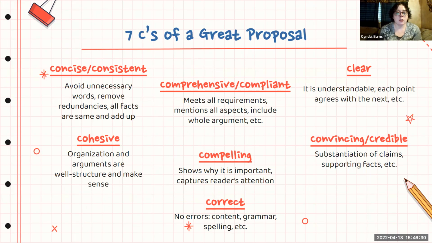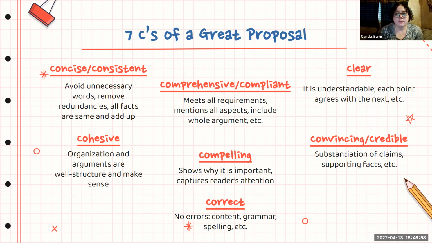You want to avoid unnecessary words and redundancies, just like all other types of writing, but it's particularly important with a proposal because you have so few words to get your information out there. Then make sure, as we've said, that you meet all the requirements and mention everything they want you to include, your whole argument, so audiences understand what it is you're trying to do. Just make sure that it's completely understandable.